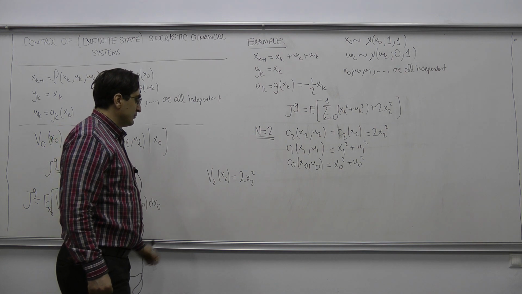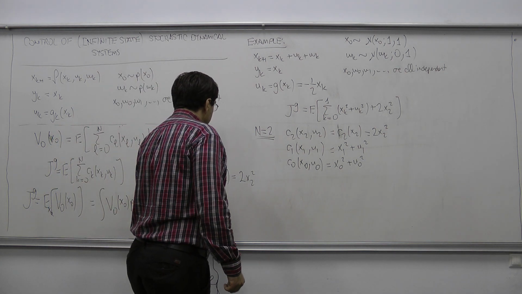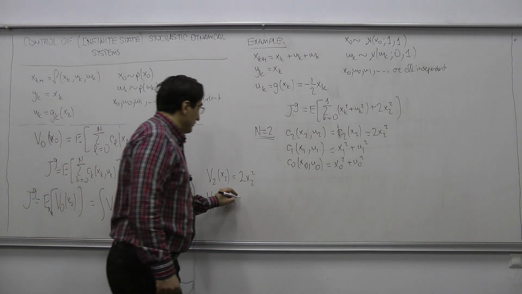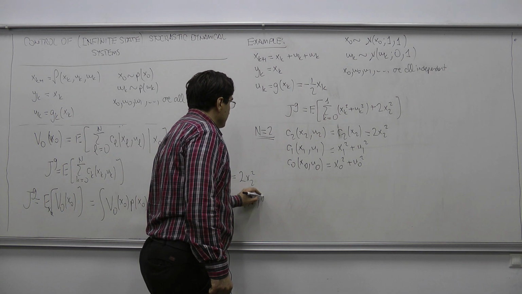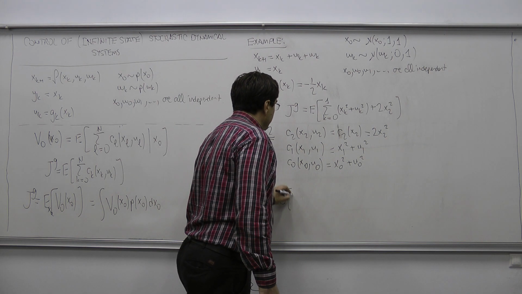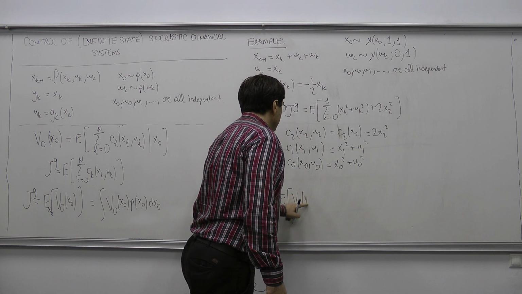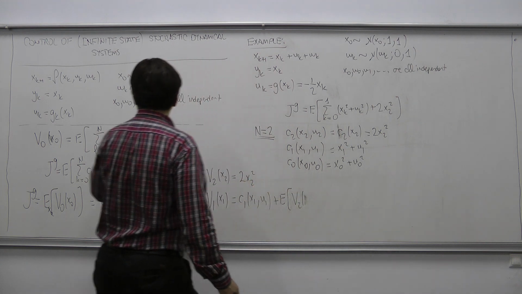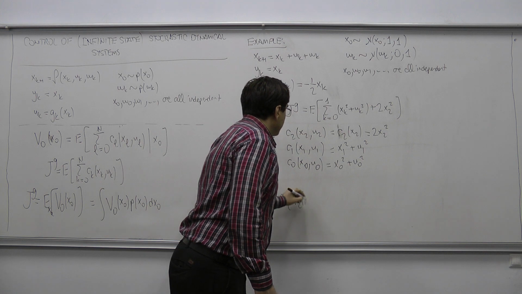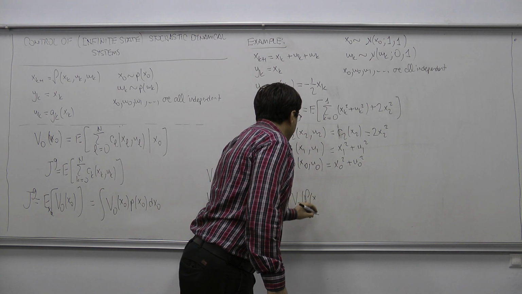Then I will go into V1 of x1. V1 of x1 is going to be, of course, C1 of x1, U1, plus the expected value of V2. I will write my f function. So this is going to be f of x0.